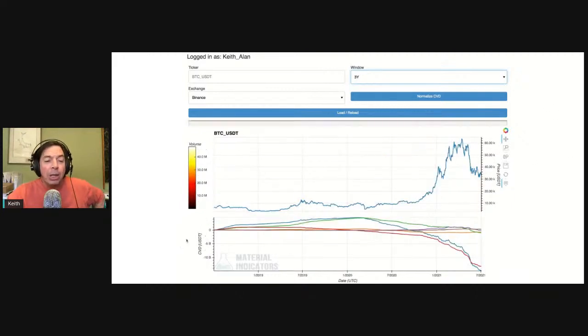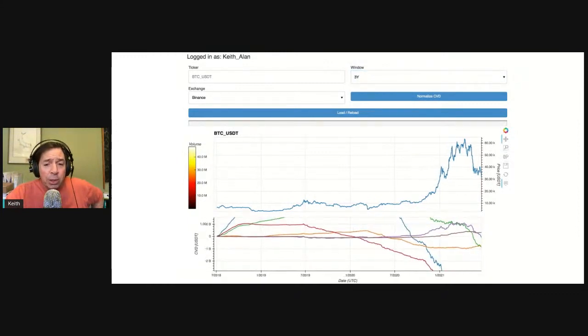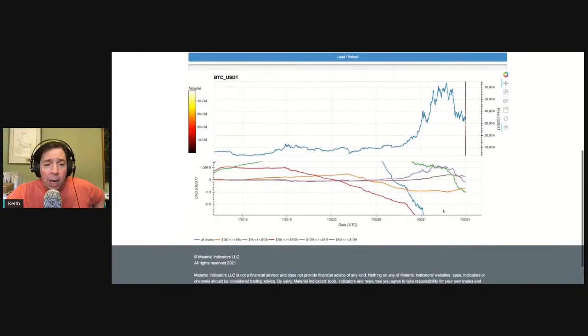Let's look just at that brown class and see exactly what they did throughout the last 3 years. Okay, brown whales have not really sold much of what they accumulated over time.